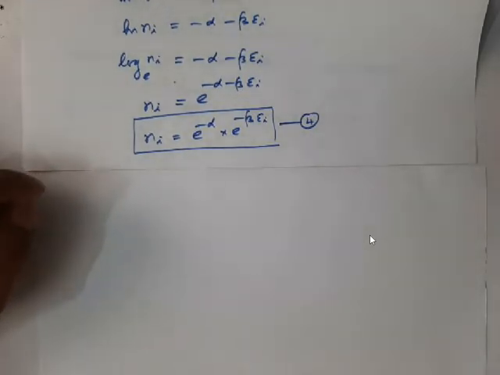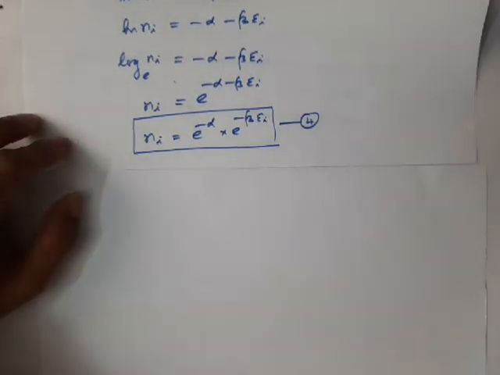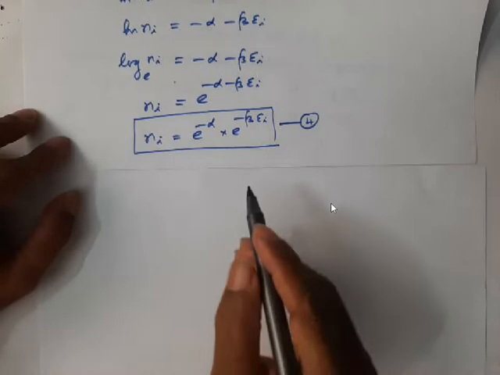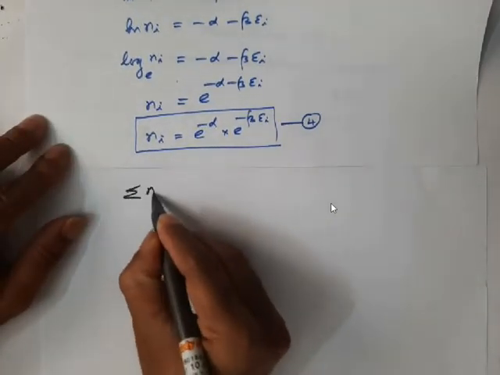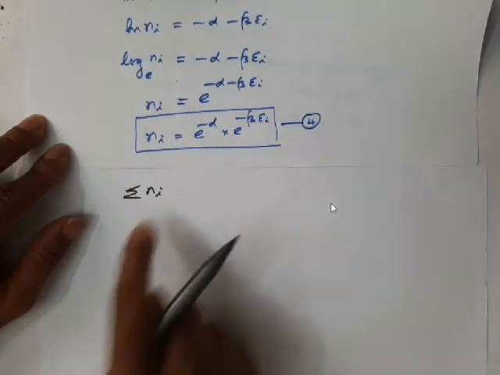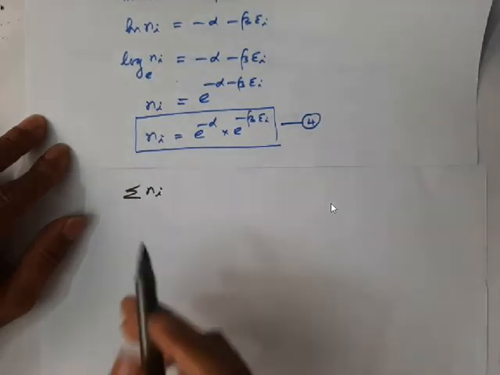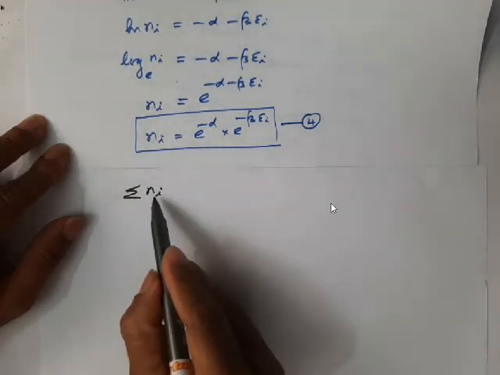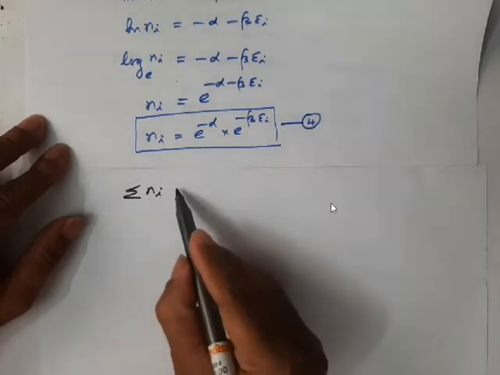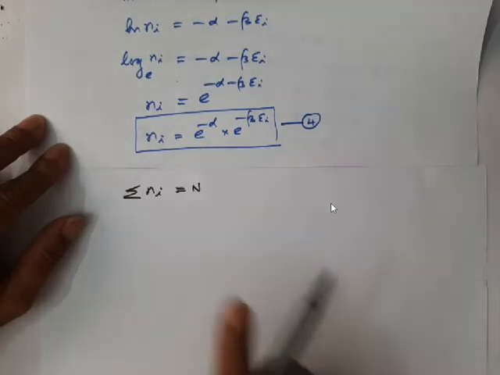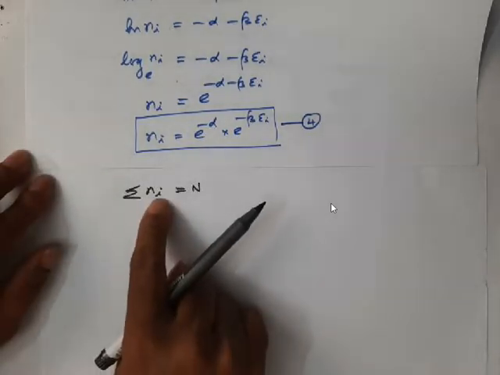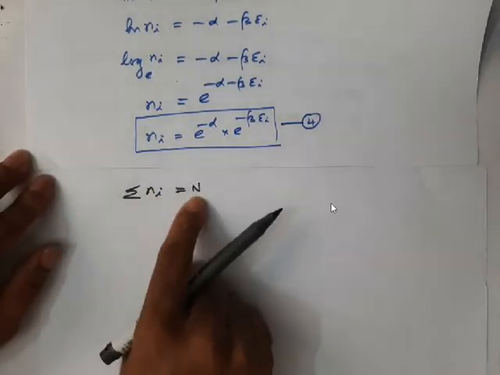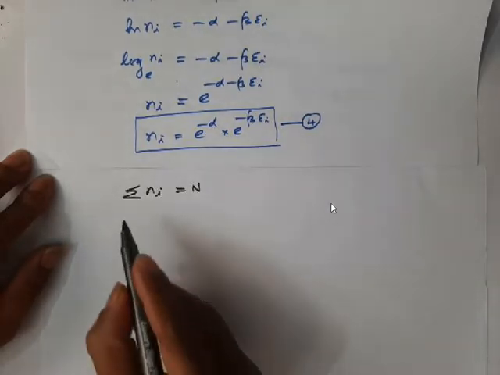So you can find the e power minus alpha value as, let me write here. We know very well summation Ni, that is population. Population in each and every level, if you add, you will get the total population or total number of particles, right?